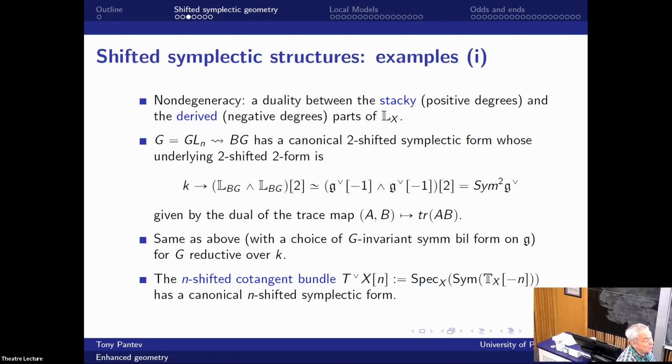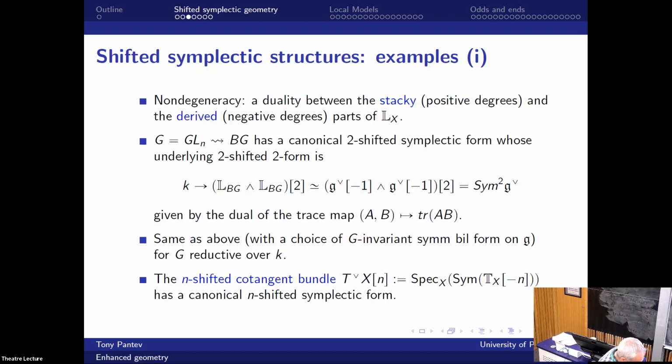So it actually gives you a duality between the positive degrees in the cotangent complex and the negative degrees in the cotangent complex. And those geometrically are responsible for different aspects of the geometry. The positive degrees are responsible for the stacky structure on your space, and the negative degrees are responsible for the derived structure, for the modification of the function theory.